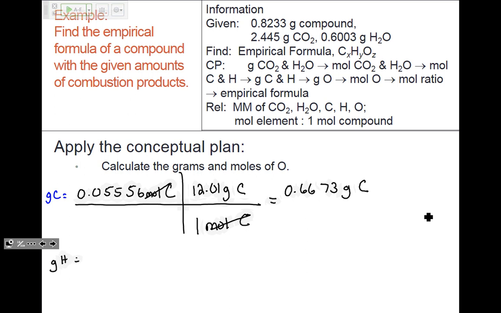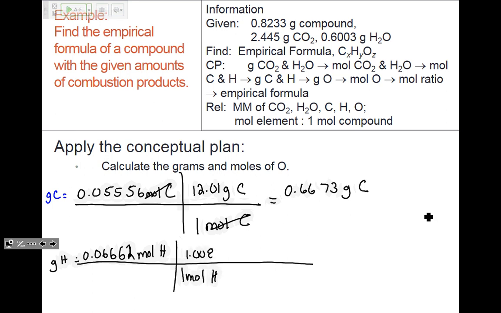And then we can do the same thing for grams of hydrogen. Again, if you didn't calculate this first moles of hydrogen correctly, then you're going to have a problem. 2. So using our molar mass from the periodic table, hydrogen's 1.008.